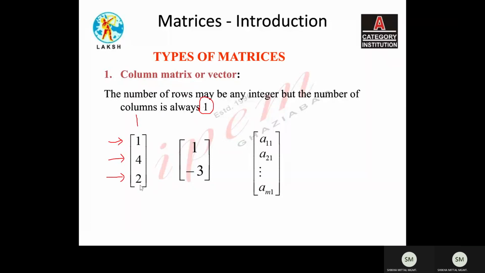So this is an example of a column matrix. In the second example, the number of rows is 2 and the number of columns is 1. This is a column matrix. In general, we can write it in the form a11, a21, am1. The order of this matrix is m by 1.